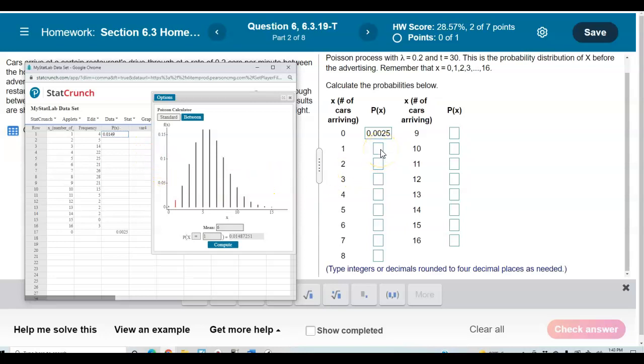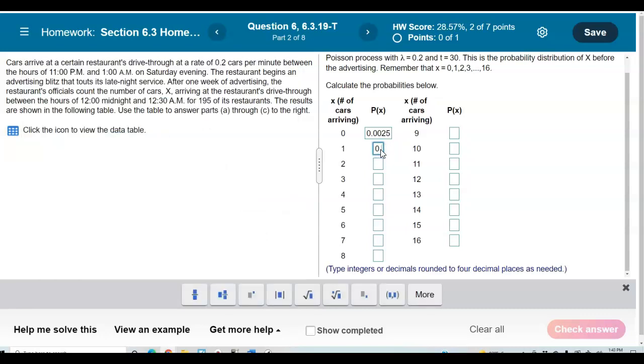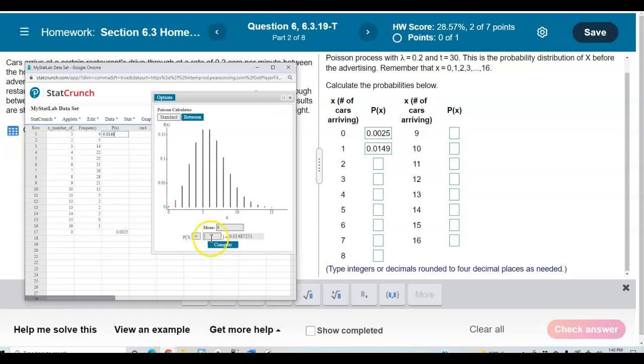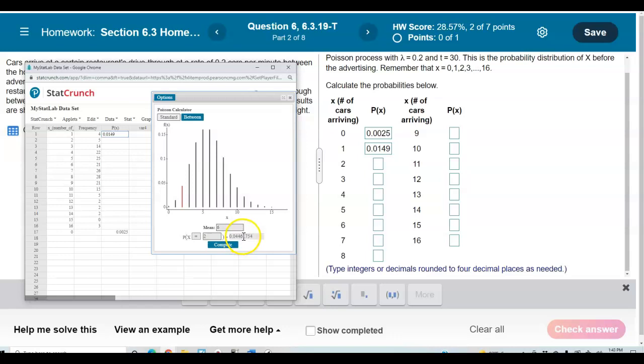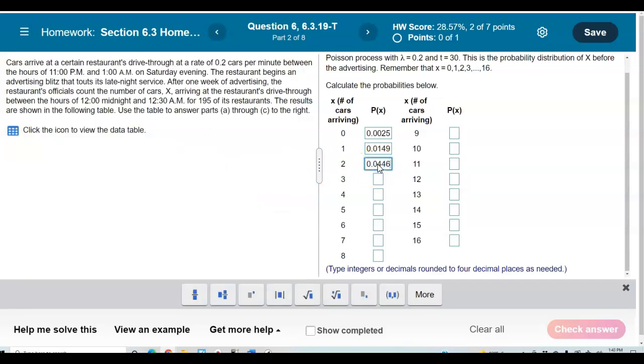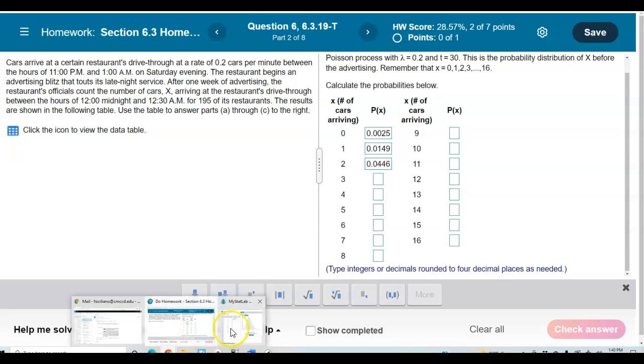Okay, and then over here, we're going to put in 0.0149. Now we're going to change this to exactly 2. And let's compute. So we get 0.0446. So we're going to put that over here, and then we can copy and paste in here.